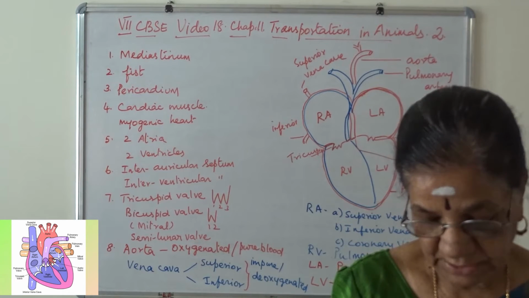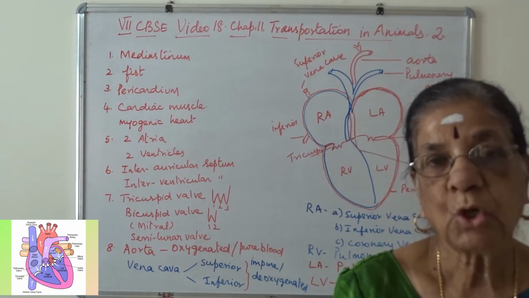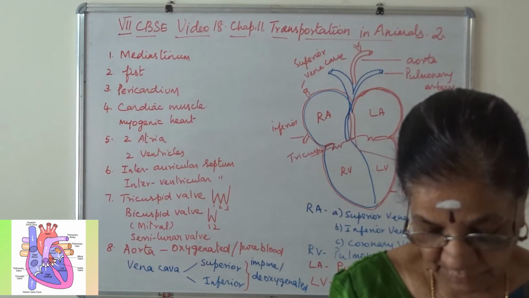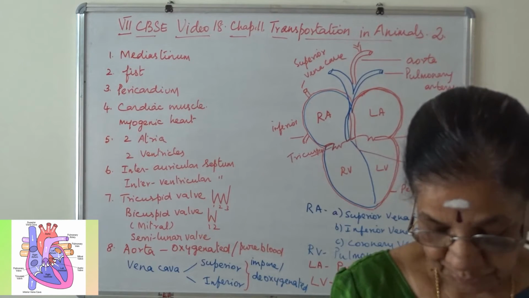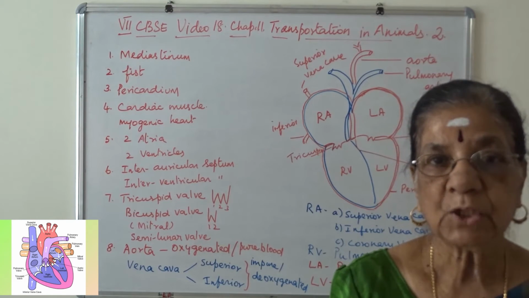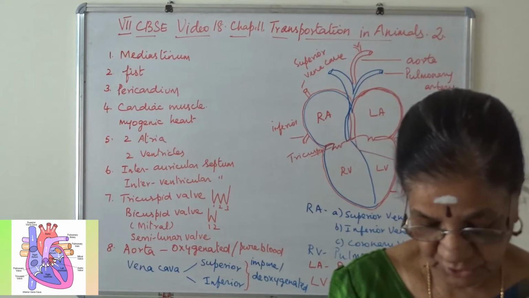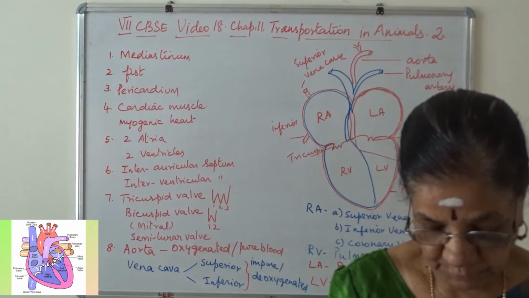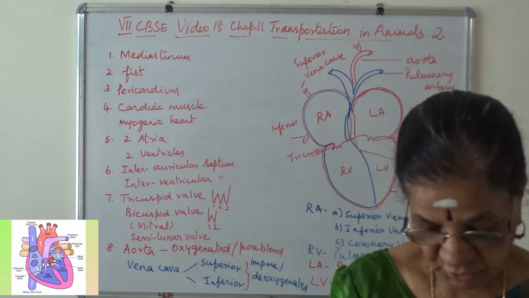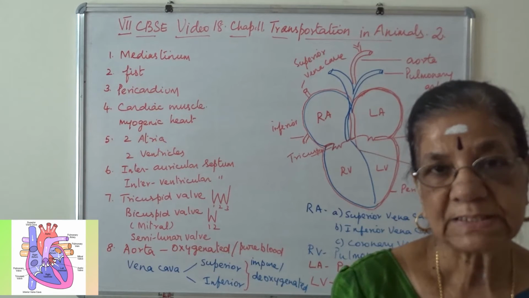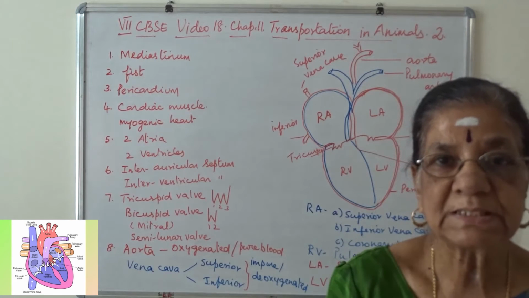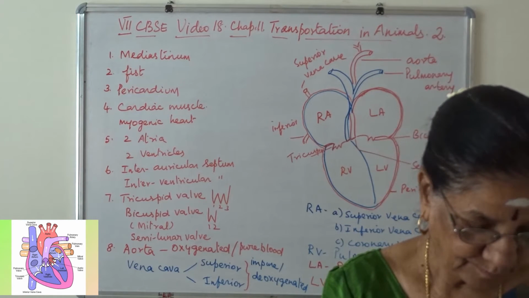It is covered with a double-walled membrane called pericardium. The space between the pericardial membranes is called the pericardial space and is filled with pericardial fluid. The pericardial fluid protects the heart from shock, and the heart is placed inside the thoracic chamber in between the two lungs. That space is known as the mediastinum.